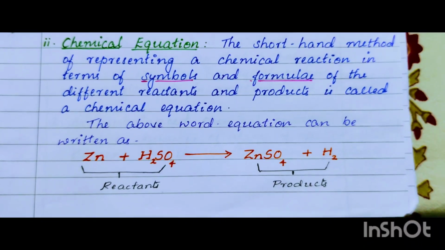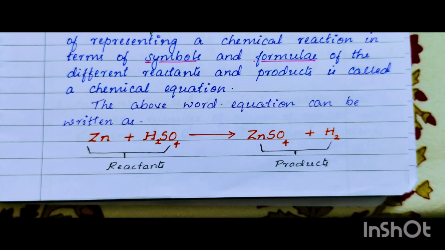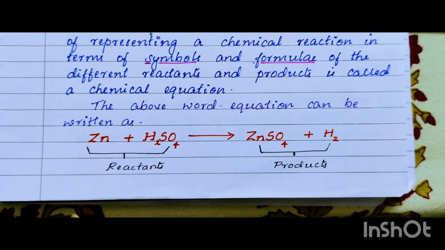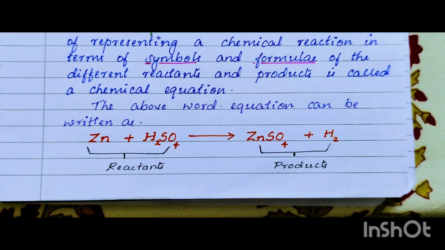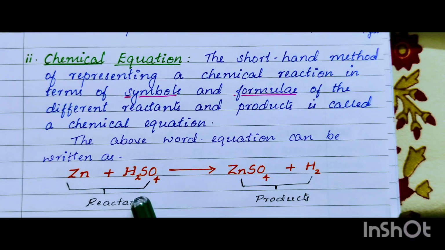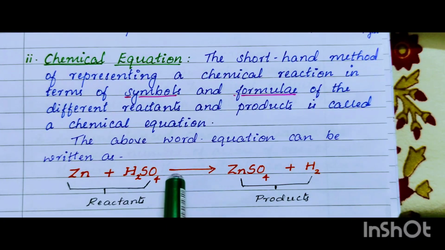Now the same chemical reaction or word equation can be written like this. For zinc, we know the symbol of zinc, that is Zn. Sulfuric acid, H2SO4. These two are the reactants, and you can see the arrow mark, it shows the direction of the chemical reaction.